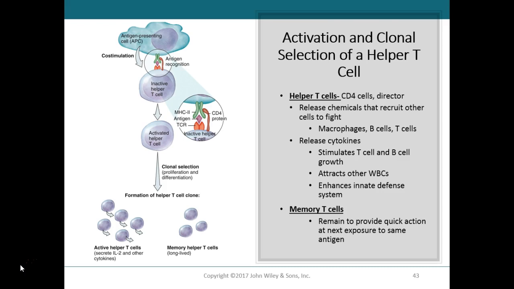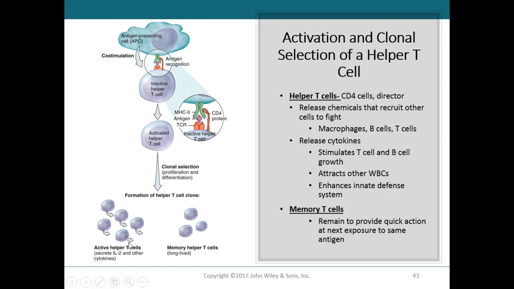So if you look at this graphic, you have a specific antigen and MHC complex that's going to activate a specific T cell that has specific receptors for that antigen, for that complex. So that specific T cell becomes activated. It clones itself, proliferates, and differentiates, makes more, and specializes.